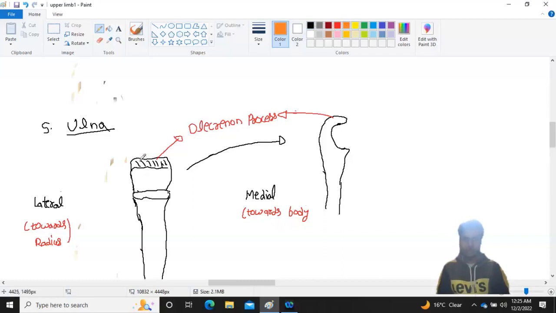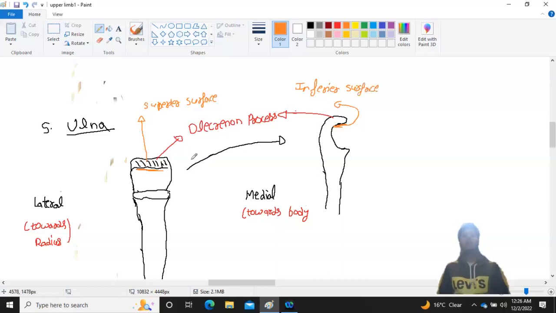This is superior surface. Let's mark it. Superior surface, inferior surface. This is the inferior surface. Let's mark this inferior surface.